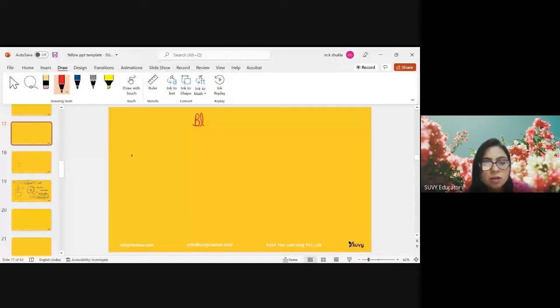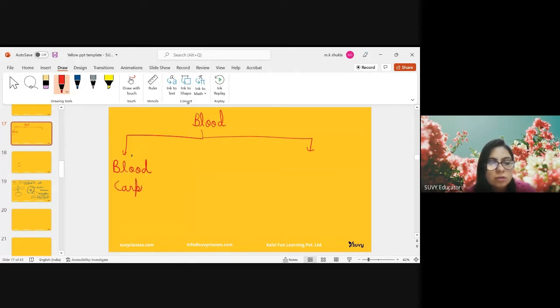Your blood is categorized into two parts. First is blood corpuscles, and another is plasma. Plasma is a watery, colorless substance, and it carries everything.